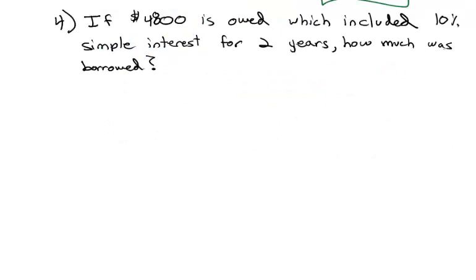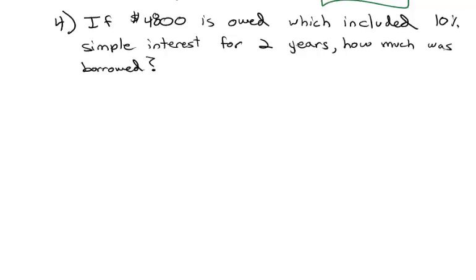So here we're not so much, again, asking about the interest earned. We're talking about the future amount of $4,800 that is owed, the accumulated amount, based on the principal starting present value. So the equation we want to use here is A, the accumulated amount, the future value, is equal to P, the present value, the principal, times 1 plus RT. And we're talking about the $4,800, but that is the amount owed at the end of the loan.